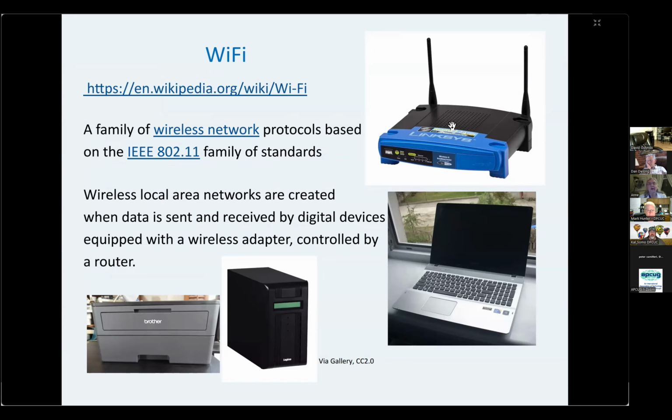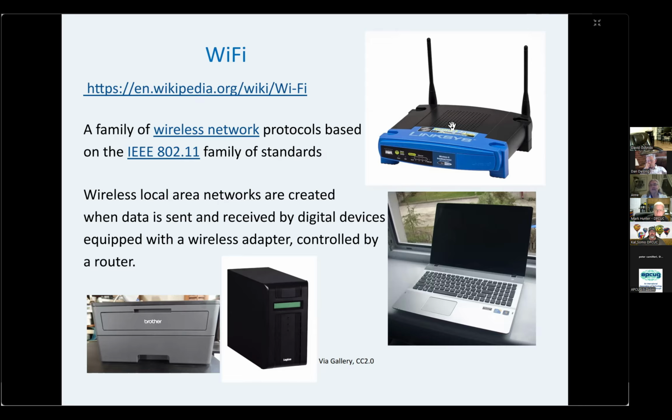Wi-Fi. This family of wireless network protocols based on this IEEE standard here. And the local area networks are created when the data is sent and received by digital devices. And the devices have to have a wireless adapter in them. And so all those Internet of Things that are working on wireless, they've all got a little adapter in them.